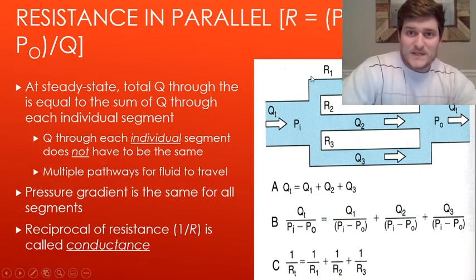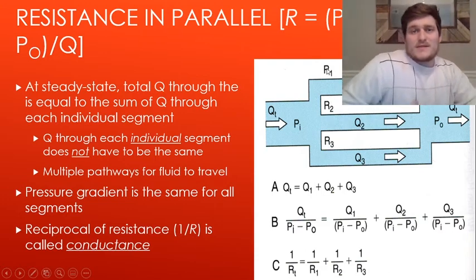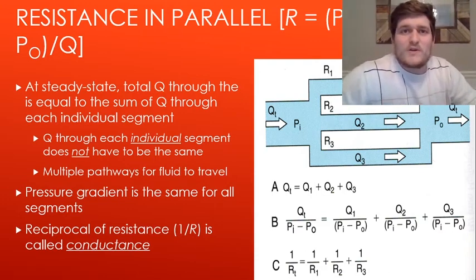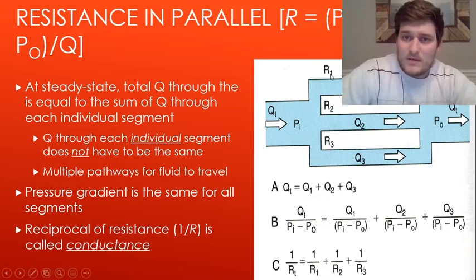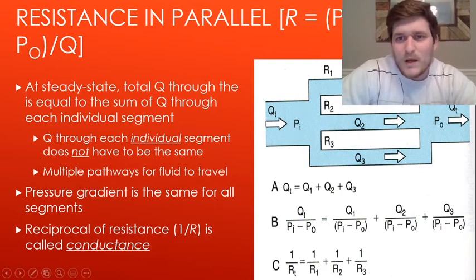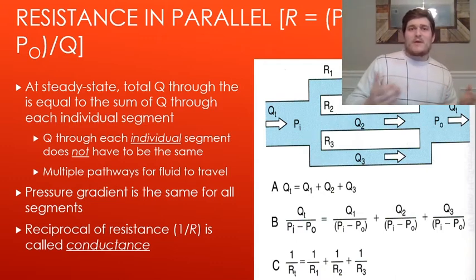So we've discussed earlier about exercise, and this is a scenario where we need to increase blood flow to the skeletal muscles. And so if we want to, in a parallel setup, we could then increase the blood flow to, let's say, section 1, and then take away blood flow from other areas of the body. And so we're able to better regulate how blood flow is distributed in a parallel resistance.